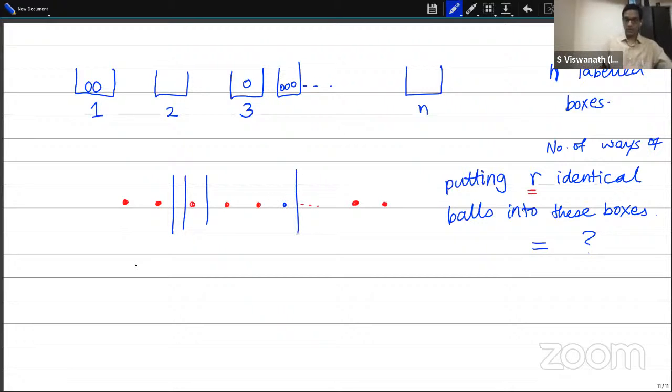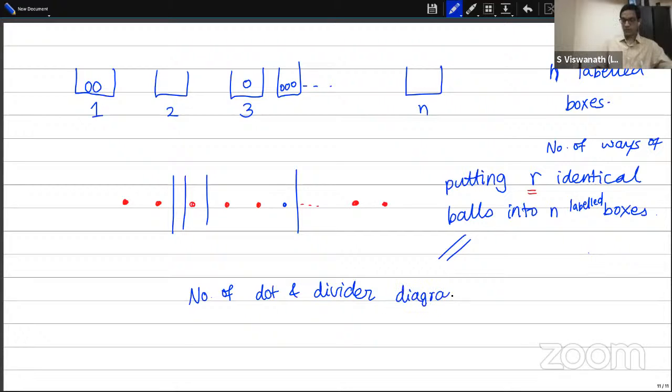So if this has 3 balls, then I will take 3 dots and then put the divider, etc. So the number of ways of putting r identical balls into n labeled boxes can be reformulated as the number of dot and divider diagrams, with how many dots and how many dividers?